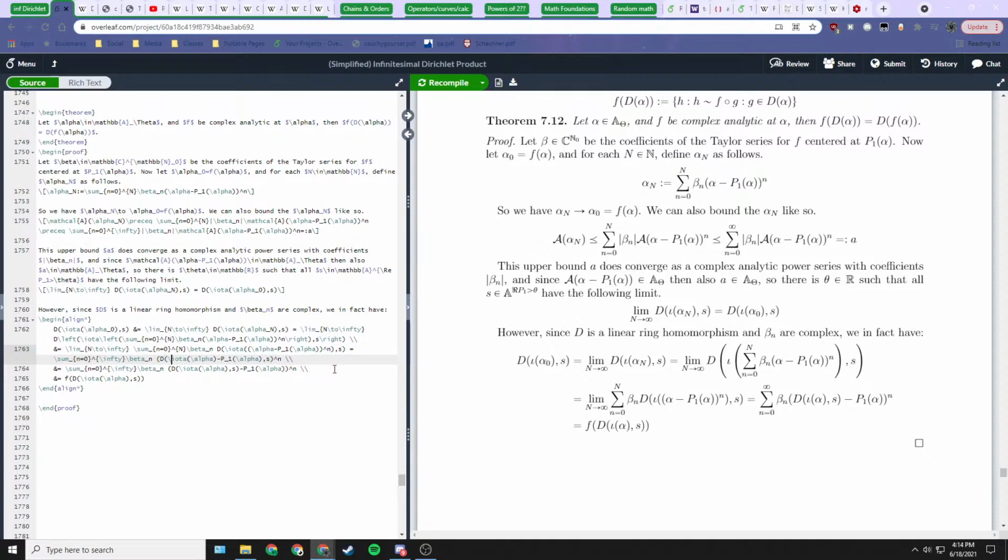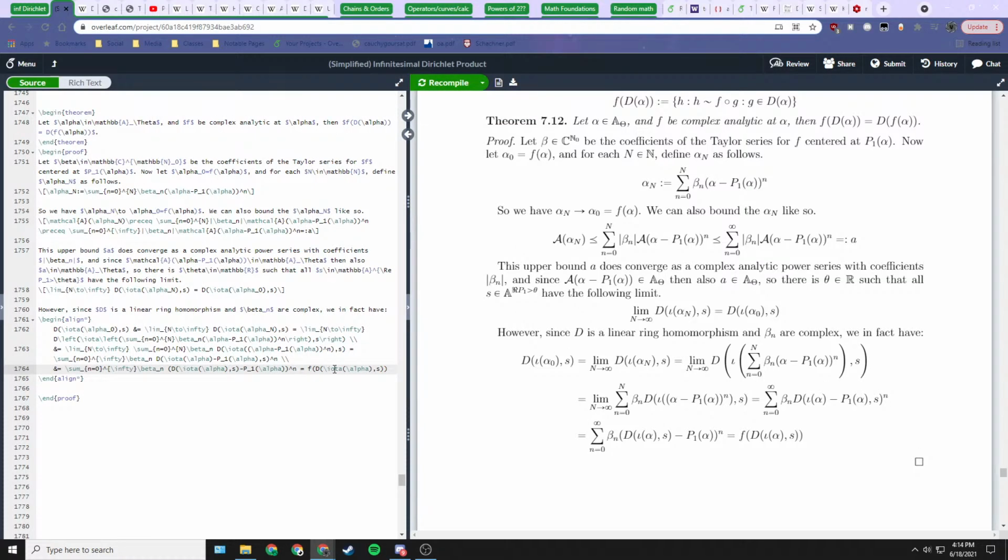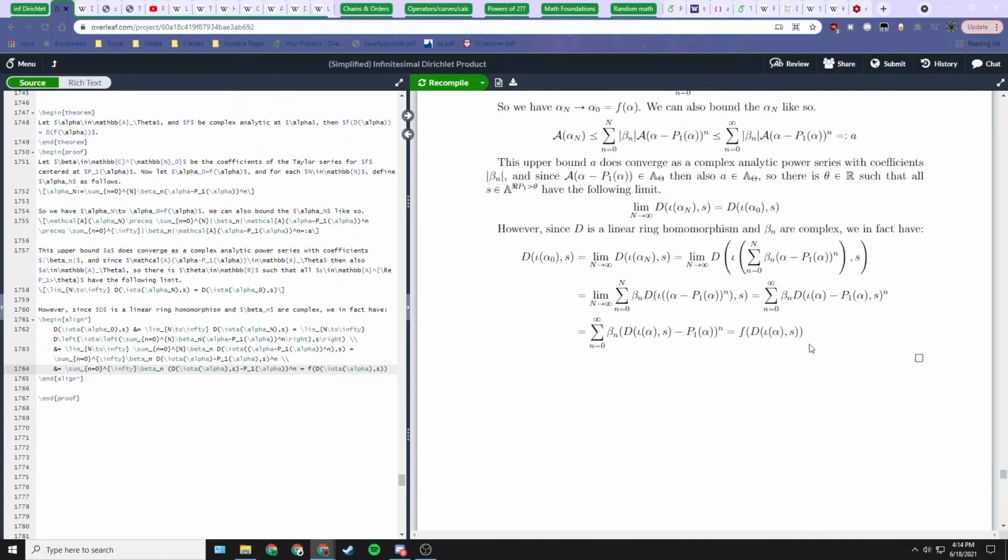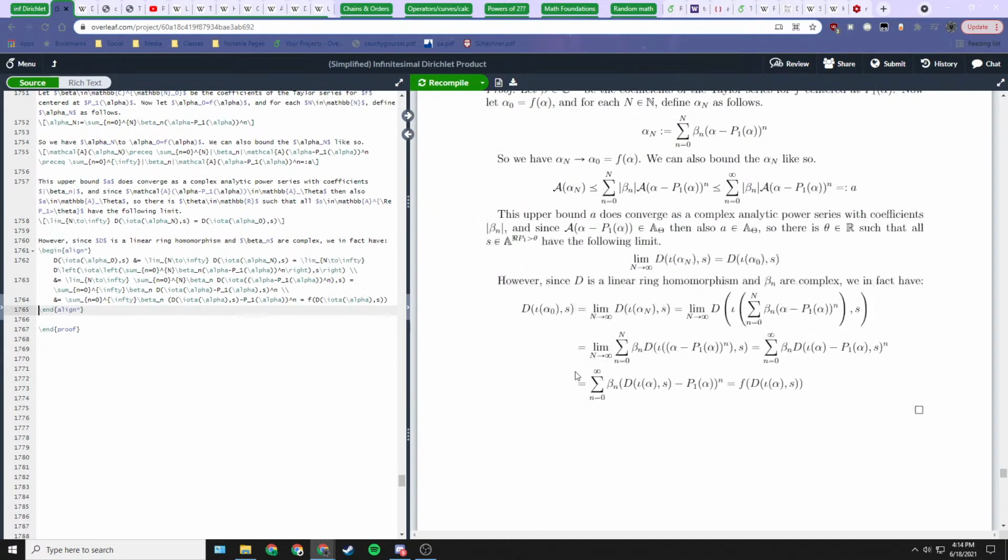Maybe just do this part in here. And then we end up with this. And that's it. Okay. Yeah. So instead of alpha 0, we can also do f alpha.